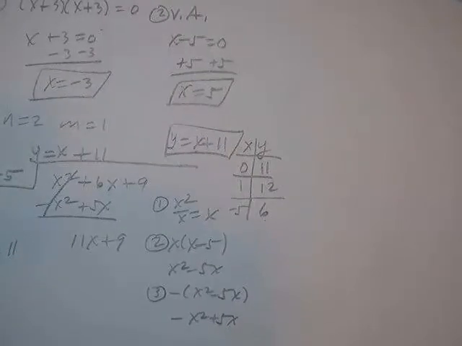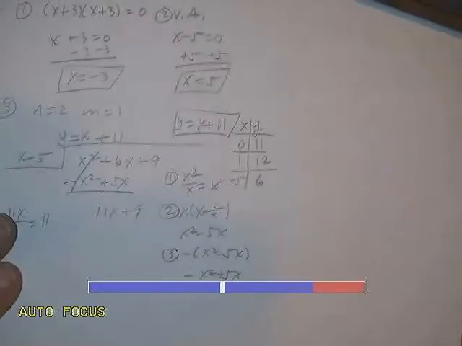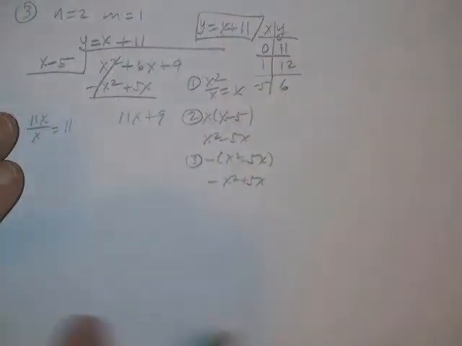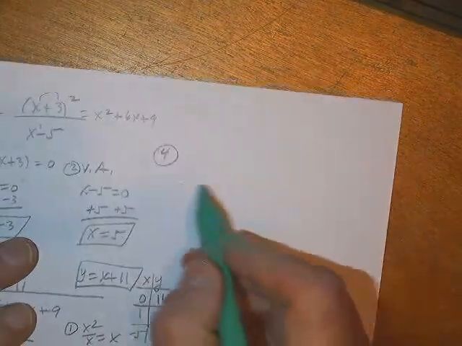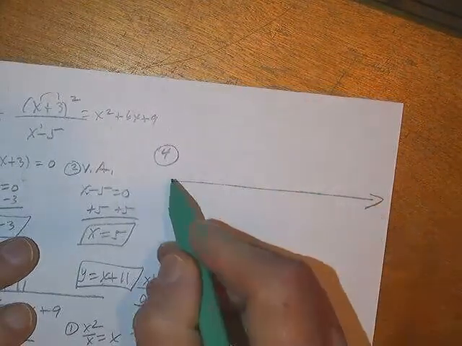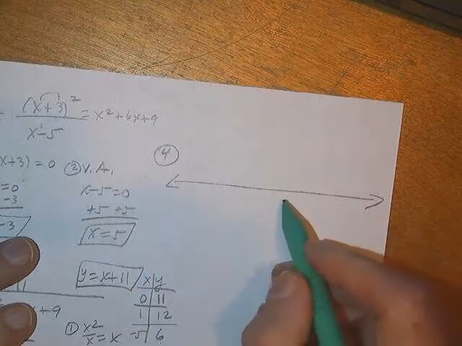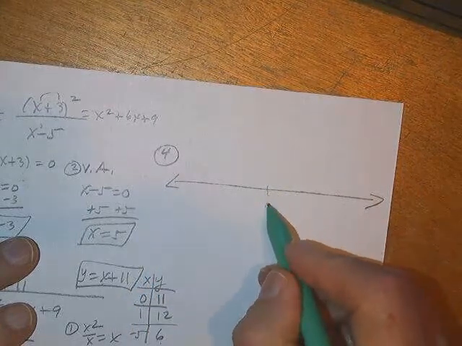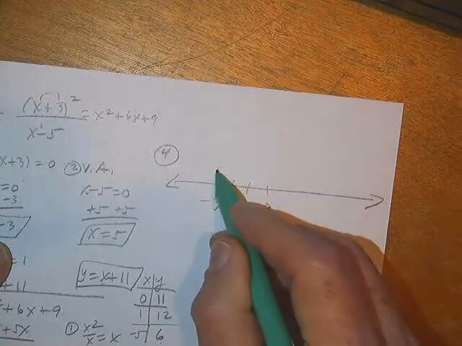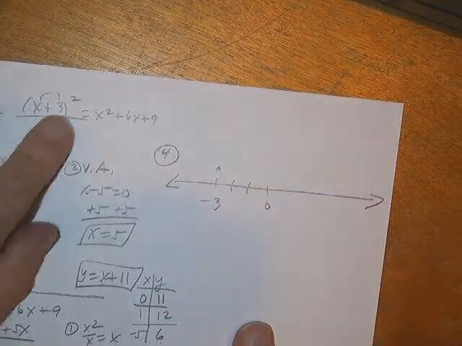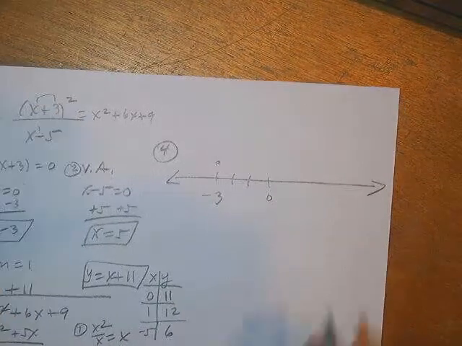And I think I may save the bottom part of my paper for the graph. And so let's go up here and let's do the Dover method up here. One, 2, 3, there's -3. But look, the top is squared.